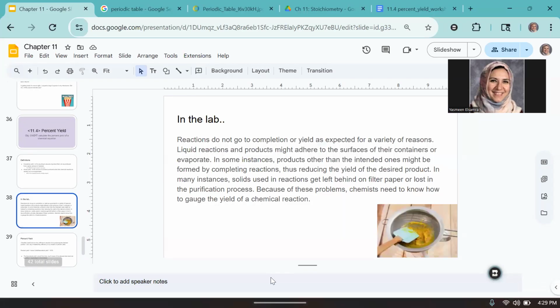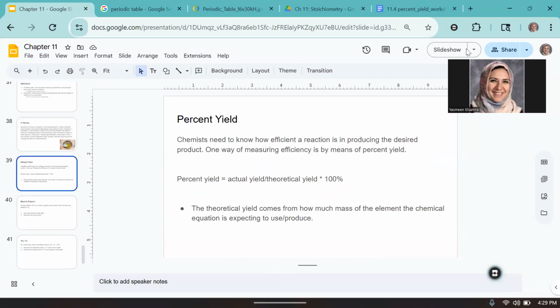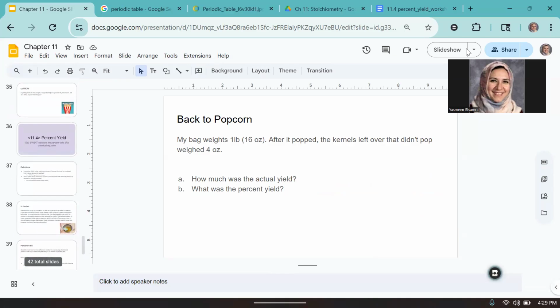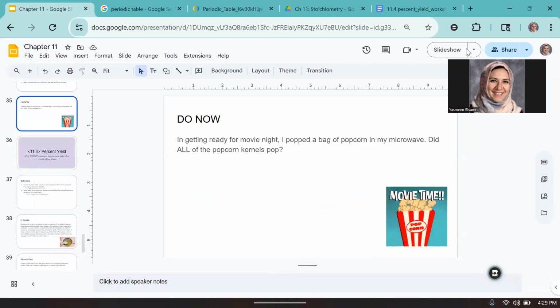Okay, so I want to first jump back to our popcorn example to discuss percent yield. Let's say from the do now, you have a bag of popcorn. You're putting this bag of popcorn in the microwave. Not all of the popcorn kernels are going to pop and give you popcorn.